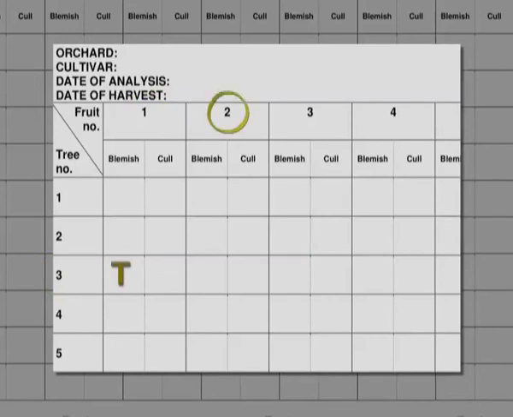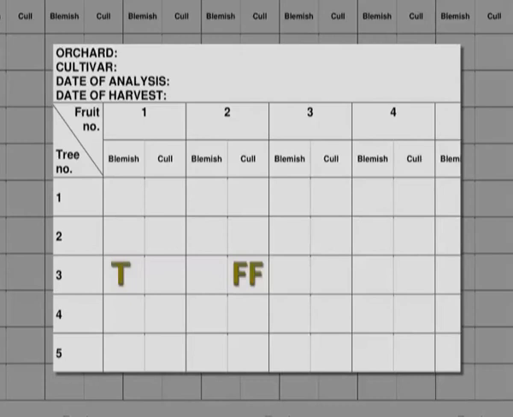If the second fruit from the same tree, for instance, is infested with a fruit fly larva, FF is entered into the cull column under this fruit, because this type of damage means that the fruit has to be culled and cannot be sold at all. If a fruit has more than one type of blemish, the codes for all the different blemishes must be entered.